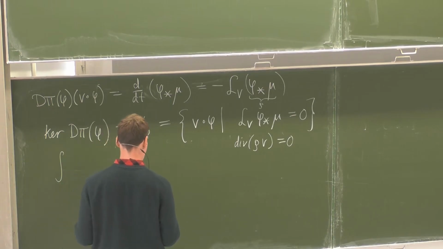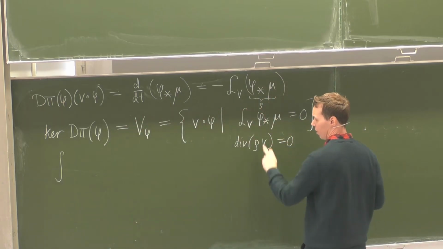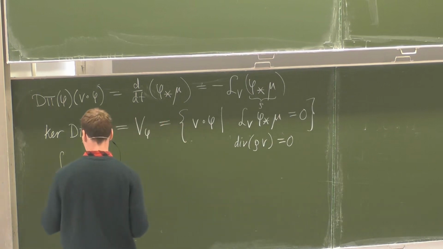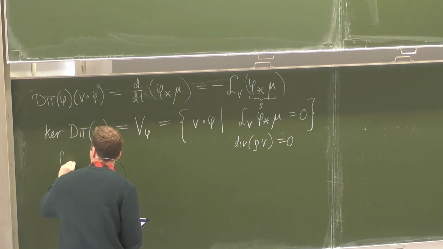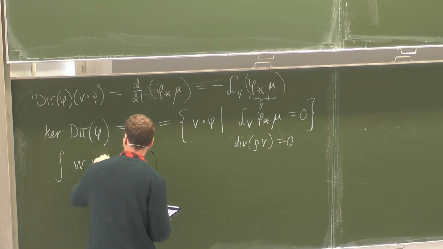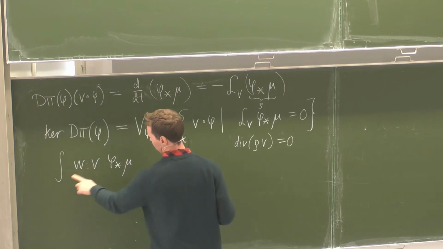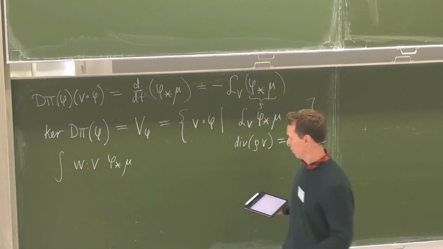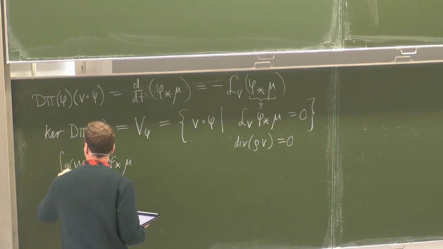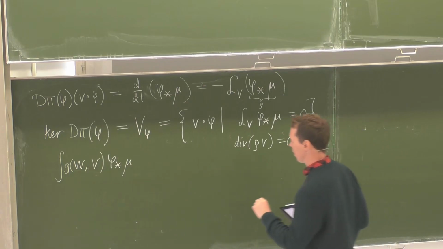I have my v, which I assume fulfills this condition, and I want to find the orthogonal complement with respect to it. So what is the condition on w for this thing to be 0 with respect to the push-forward of mu? So this should be 0.